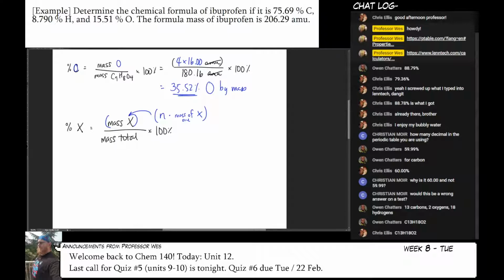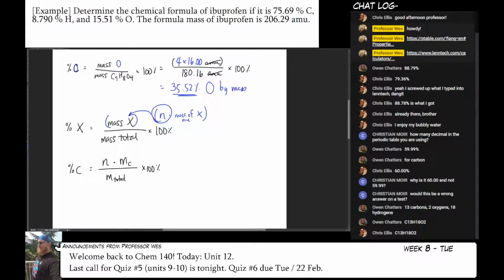So the way to do this is the following. In order to figure out how many of each atom are in here, the variable that you want to solve for is actually this right here. So for instance, for carbon, percent carbon equals the mass of carbon, which would be some number times the mass of carbon, divided by the mass total, times 100%.